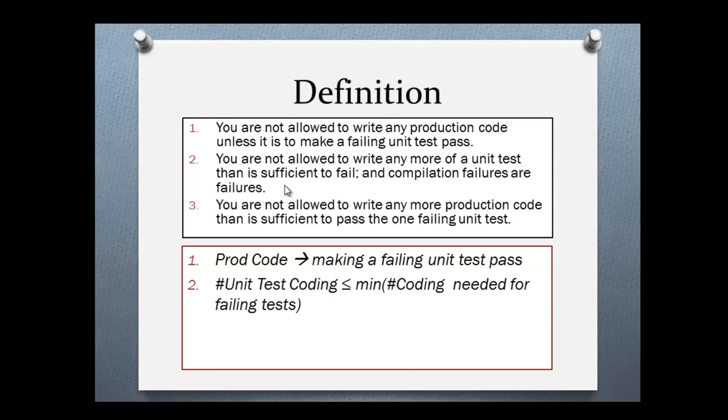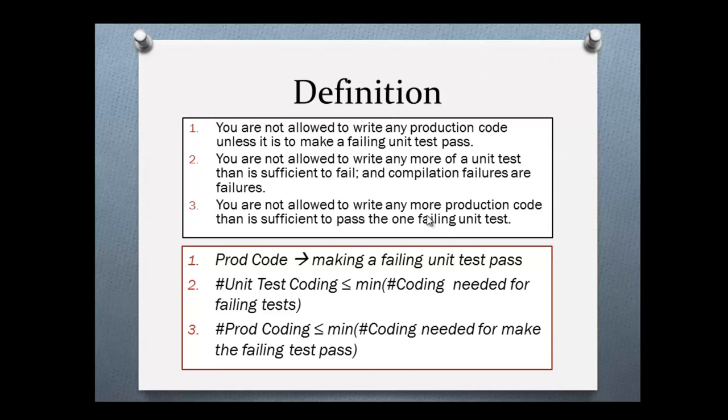Number 2 basically means that the amount of unit test code that you can write when you are in that mode must be less than or equal to the minimum that is needed for the failing test to be there.